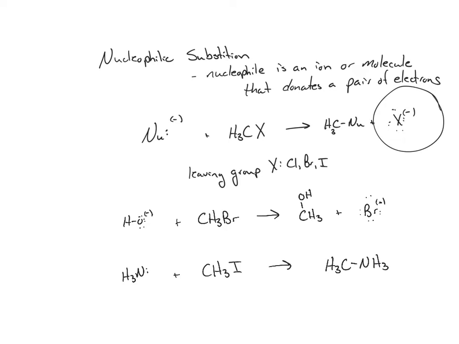This is going to make an ammonium salt. This will have a positive charge. And I'll have I as my leaving group. This will be a negative charge. The charges always have to balance out. I started with zero charge in the reactant. I have to have an overall zero charge on my product. So both of these are nucleophilic substitution, one with an anion, and the other one is a neutral compound. Okay?